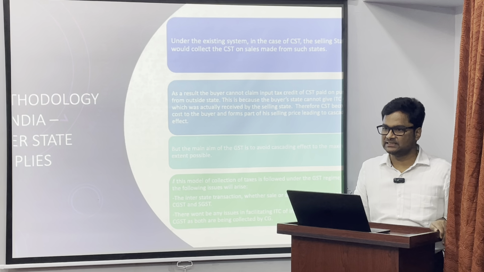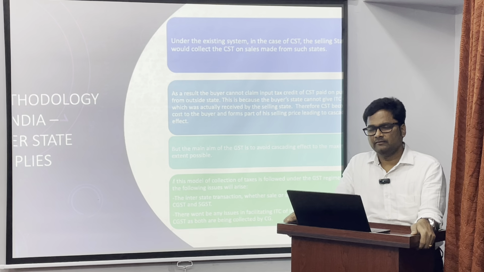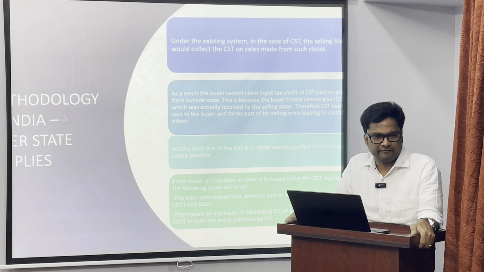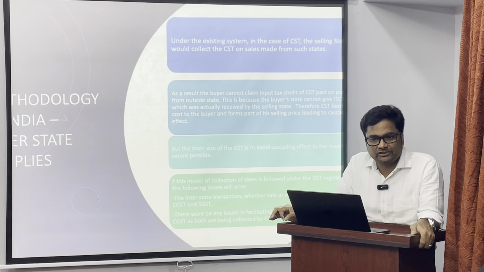But the difficulty is interstate. While fixing the system of levy and collection of GST on interstate supplies of goods or services, one should keep in mind destination-based taxation. Correct?